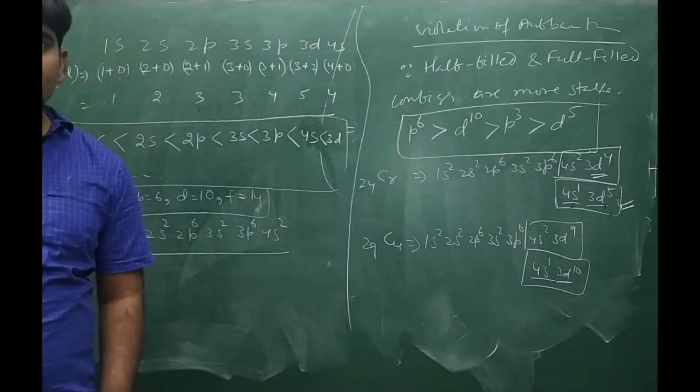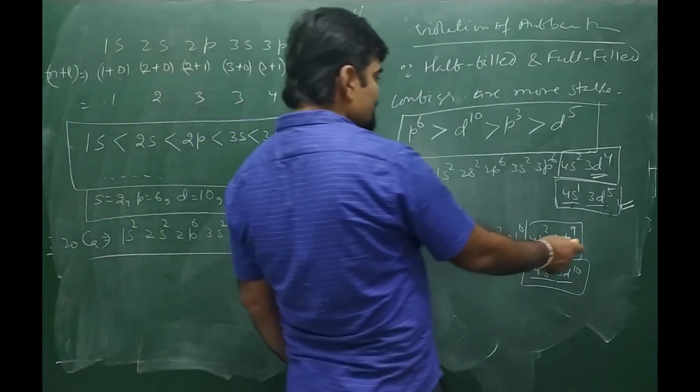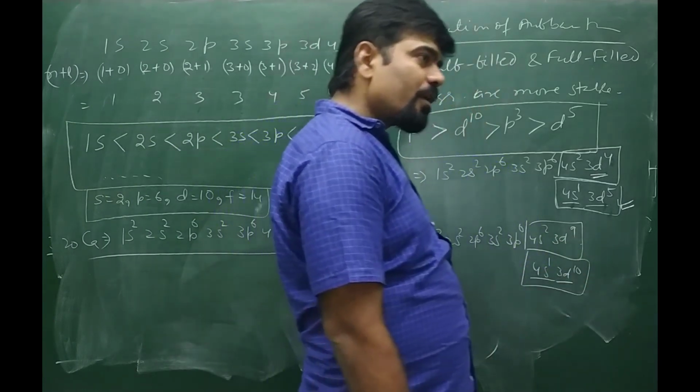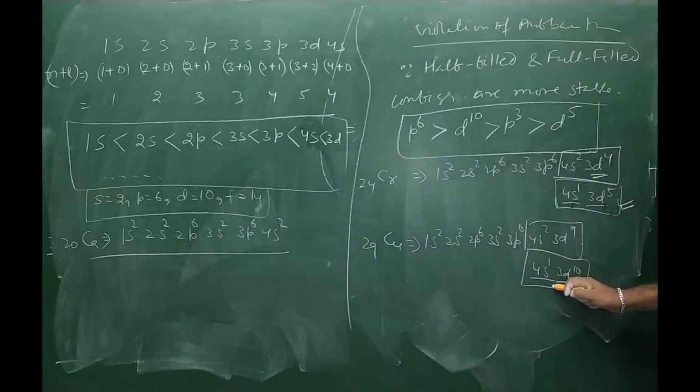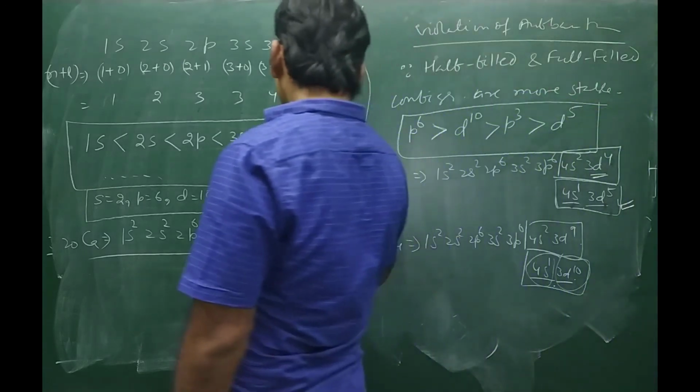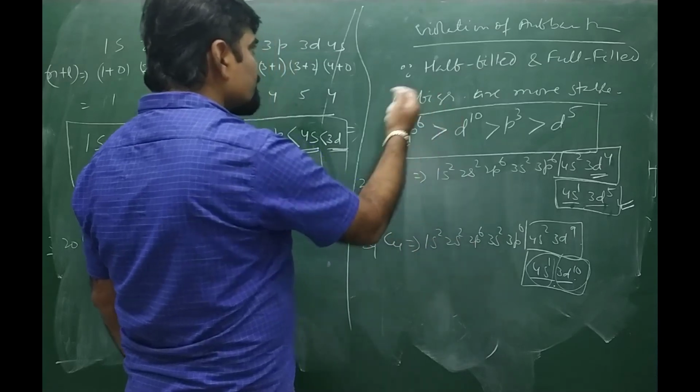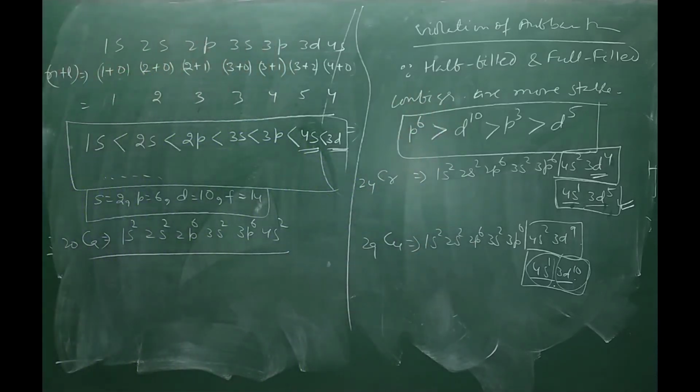To get the half-filled and fully filled configuration, they violate this rule, and this configuration shows that first 3d is filled, then after that filling of 4s starts. However, 3d has higher energy than 4s. That's why this is called a violation of the Aufbau principle.